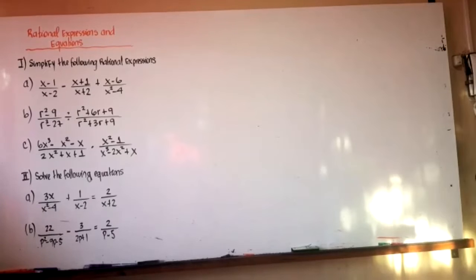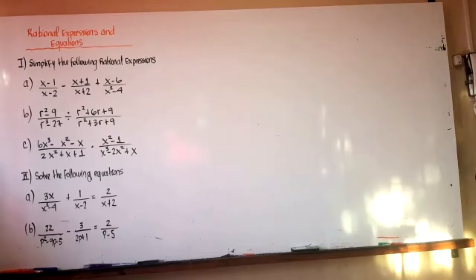All right, we're going to perform a general review of rational expressions and equations. Okay, so in the first part of the problem, we have three fractions. We're supposed to simplify the rational expressions. As you can see, we have three problems, but they combine the four basic arithmetic operations.